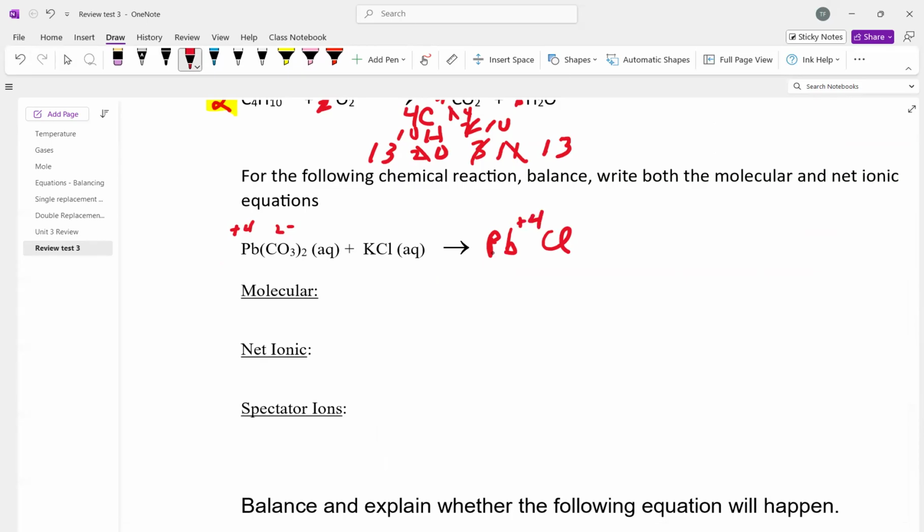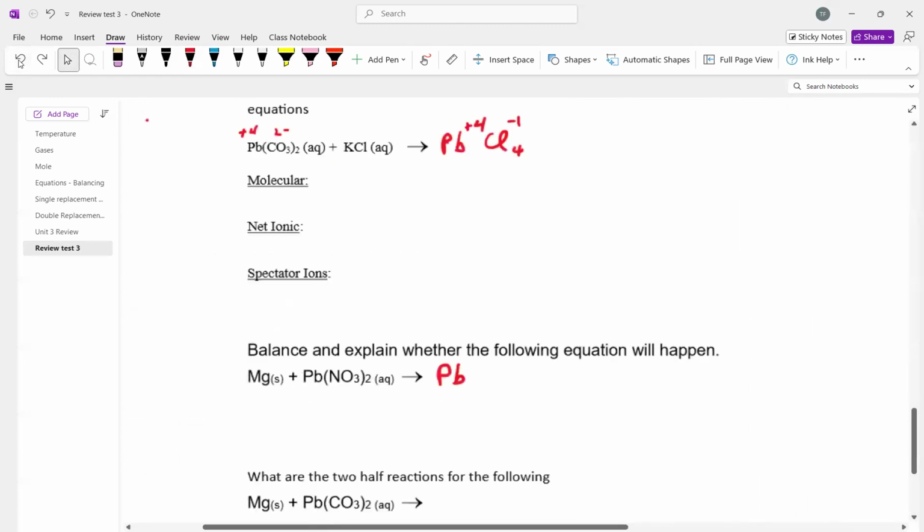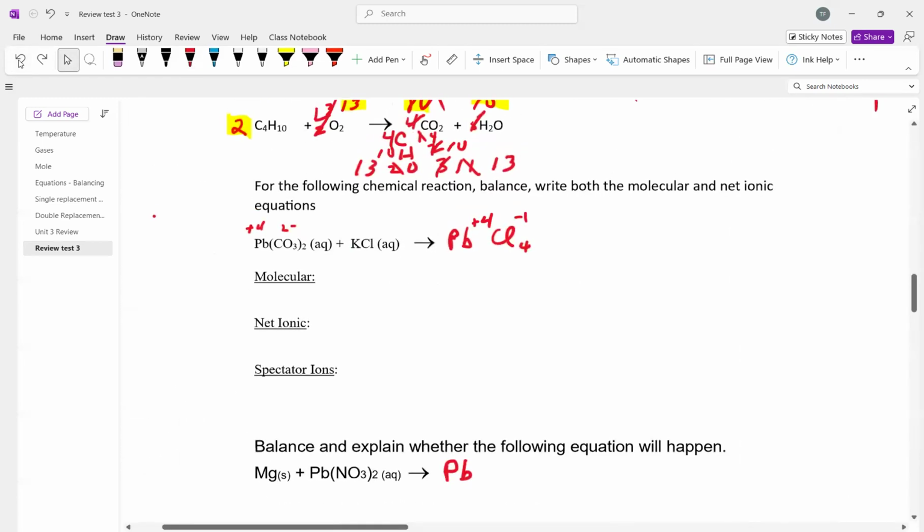That means we need 4 chlorines to balance that off, since they're -1 apiece. And we don't know if it's aqueous yet or not, so we need to look at the solubility table.